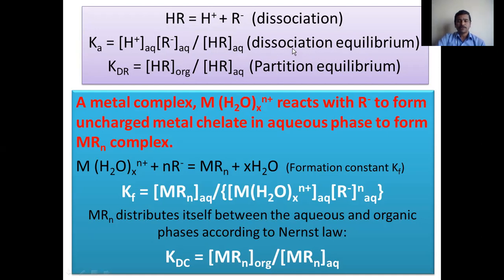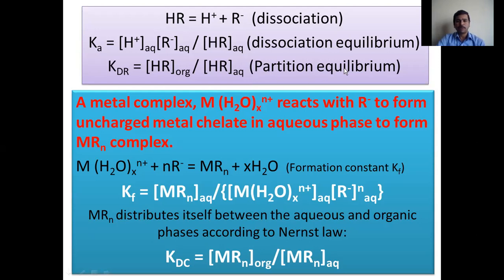As I told you, HR may also distribute between the organic layer and the aqueous layer. The partition coefficient for the distribution of this reagent is simply the ratio of the concentration of the reagent in the organic phase to the concentration of the reagent in the aqueous phase.